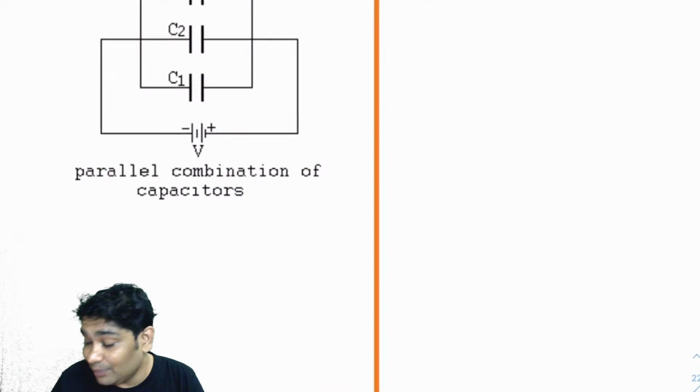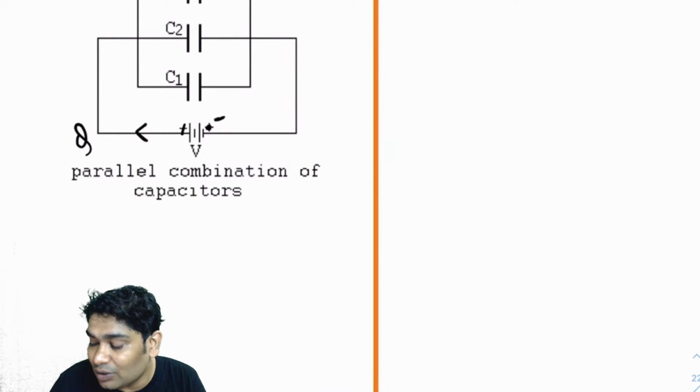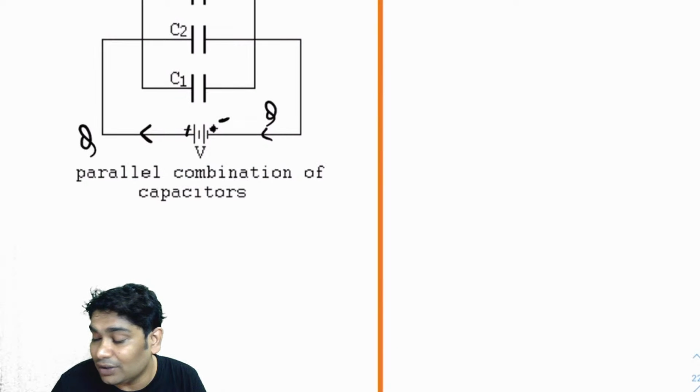So as I keep telling you repeatedly, let's imagine some charge capital Q comes from here, plus Q. Basically, Q is getting transferred from here to here.